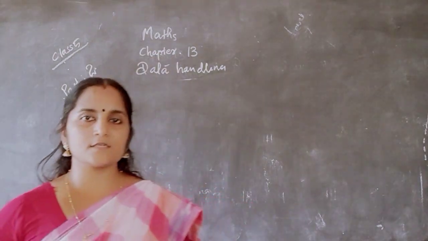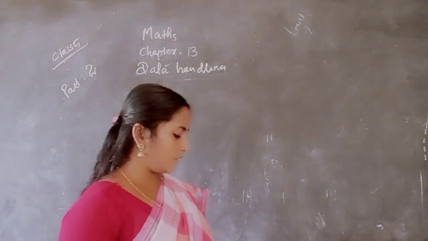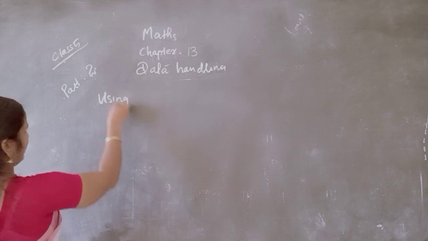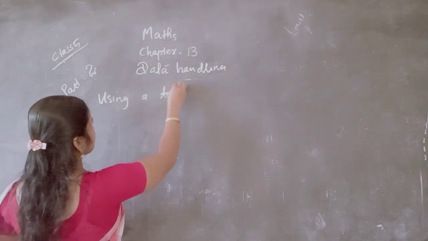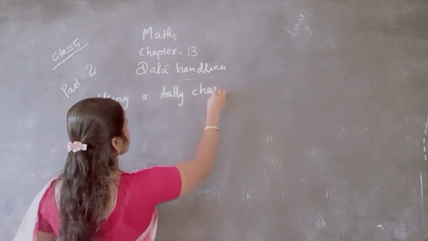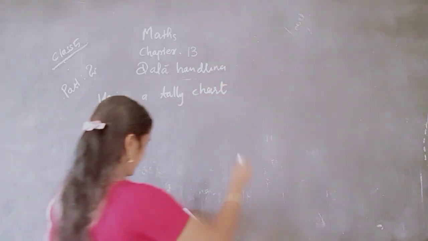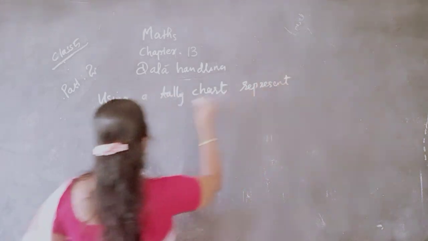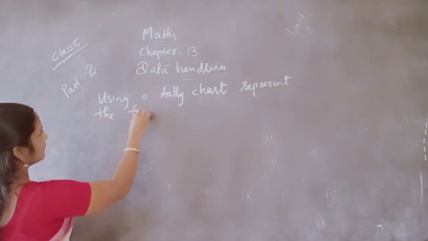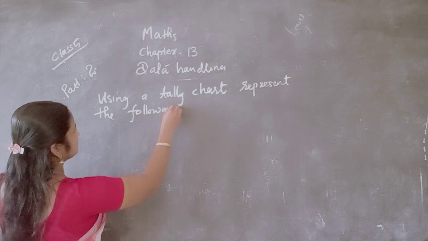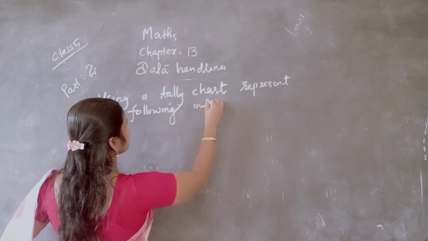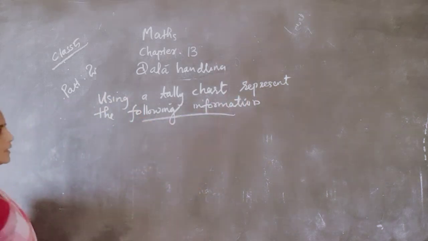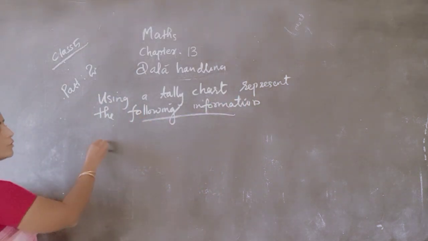Okay, here we discuss another problem from your exercise. Using a tally chart, represent the following information. Here two columns are given.